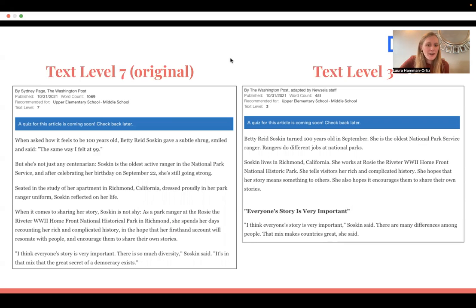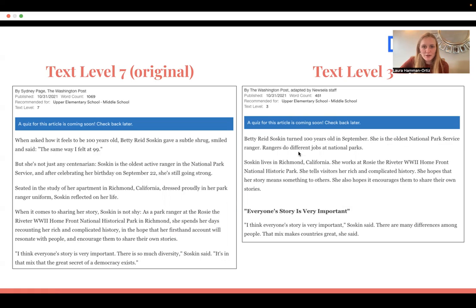But as you can see here, the original text from the Washington Post says, when asked how it feels to be 100 years old, Betty Reed Soskin gave a subtle shrug, smiled, and said, "The same way I felt at 99." And then it goes on to say she's not just any centenarian, she's the oldest active ranger. Here you can see it says Betty Reed Soskin turned 100 years old in September.